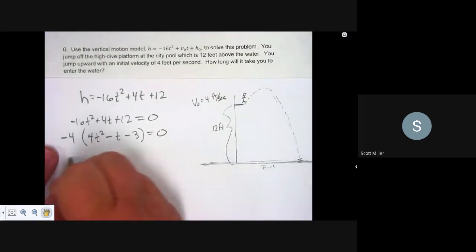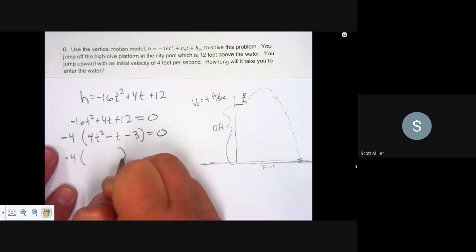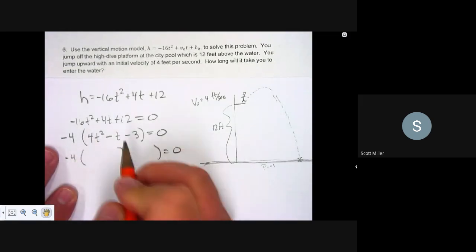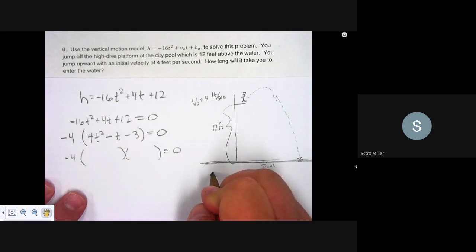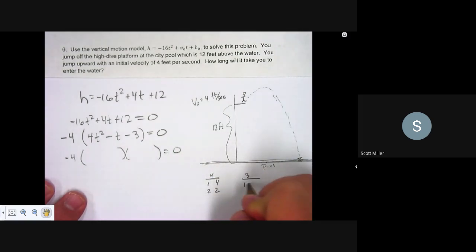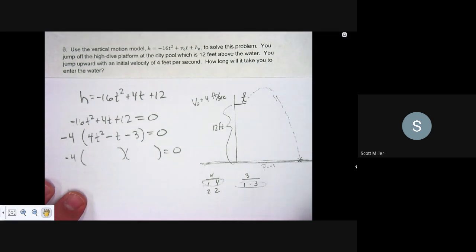We want to factor this even more. So we're going to do factors of 4 and 3. So for 4, we've got 1 and 4, 2 and 2. For 3, we have 1 and 3. It's only one set there. I need to subtract to get a 1. So I can use these sets right here. Okay. And I get 1 times 3 and 4 times 1.